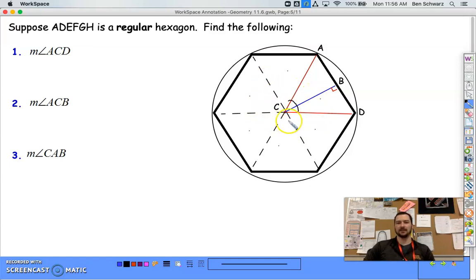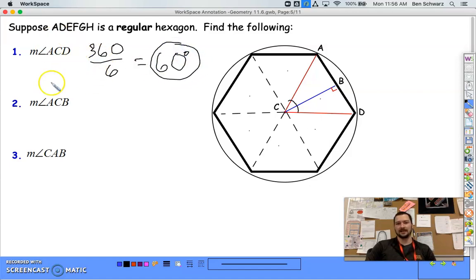Well, a circle is 360. So if we take that 360 divided by 6, we get our central angle, which is 60 degrees. So to find that central angle, we take 360 divided by the number of sides, okay? Because that'll be how many angles we have in the middle.